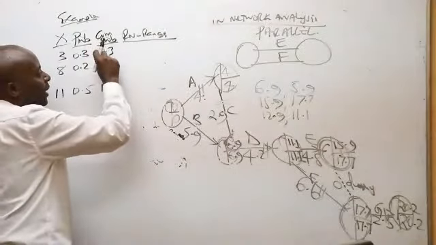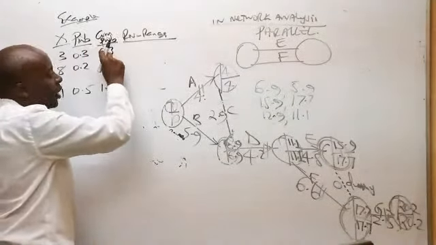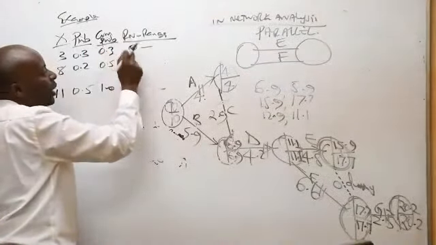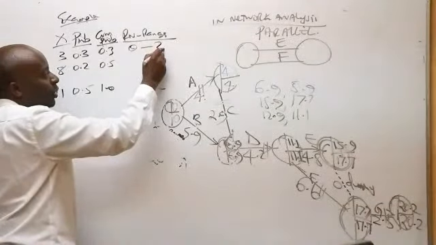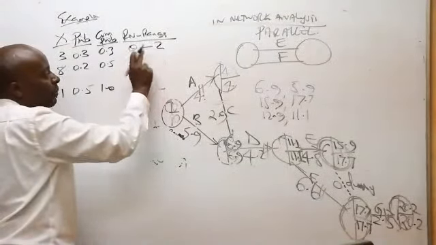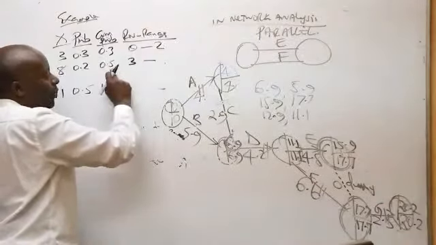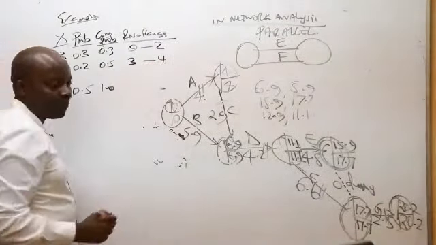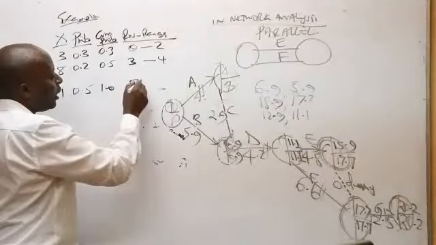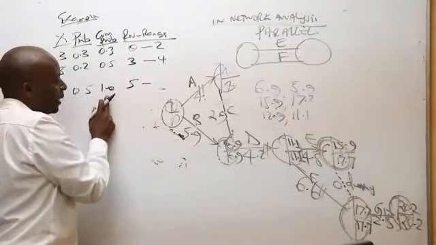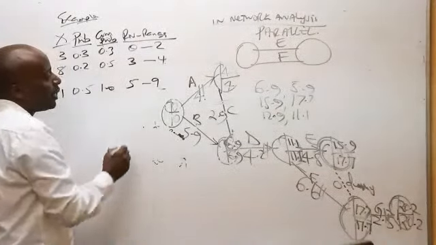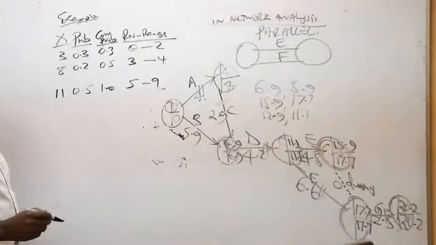This is a one-digit thing because of one decimal place. So it will be 0 all the way to 3 minus 1, which is 2. The next number after 2 is 3, all the way to 5 minus 1, which gives me 4. Then we have 5 all the way to 10 minus 1, that gives me 9.